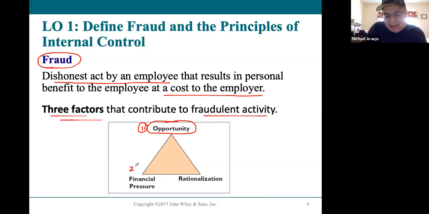The second aspect of the triangle that's listed here is that the employee is dealing with some type of financial pressure. And what this means is life is difficult. The more responsibilities you have, the more it's going to cost you. So you've got rent and food and other bills, and you might have a family, and you know you need to provide for certain things there. So there's going to be financial pressure on people anyway.